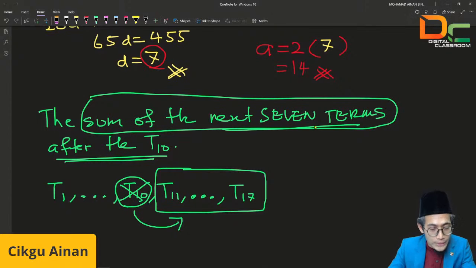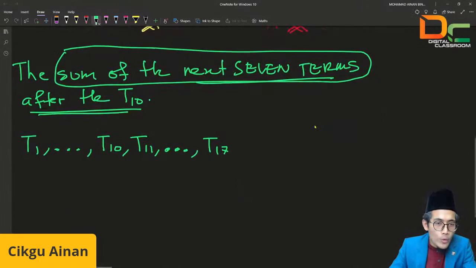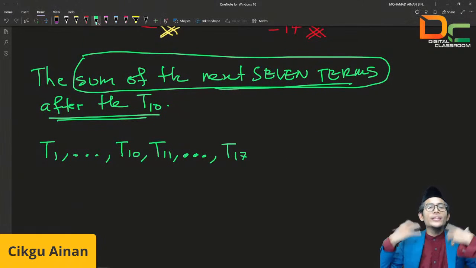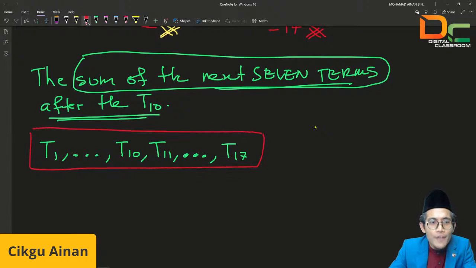So how are we going to do this? Simple, don't worry. Now we know what we want and what we don't want. The clue is we take everything and minus the part we don't want. Everything is S17.